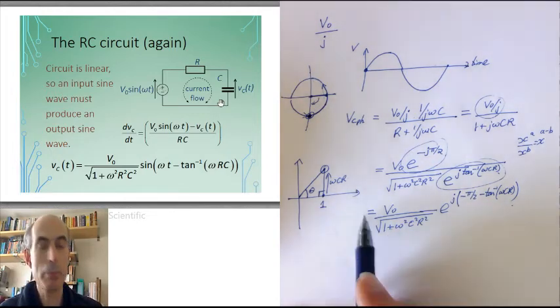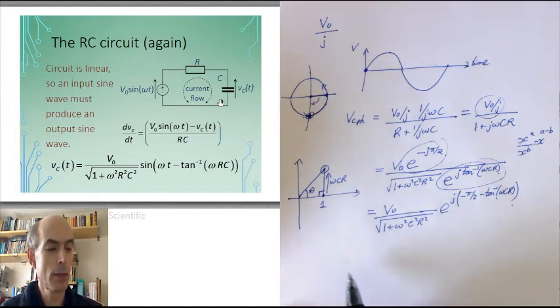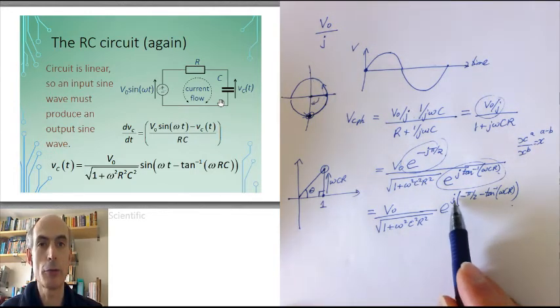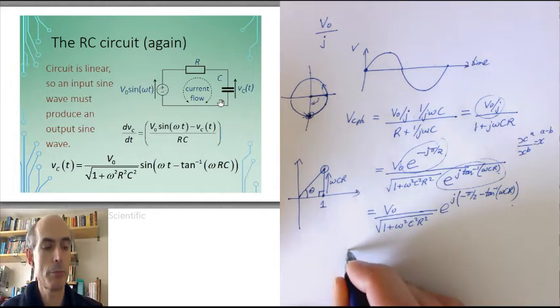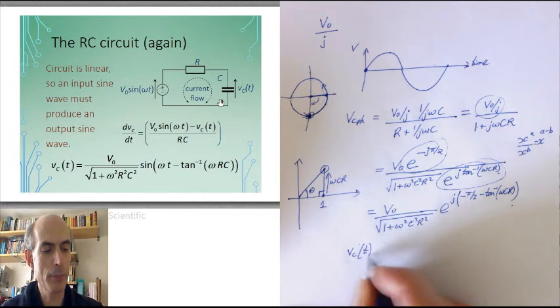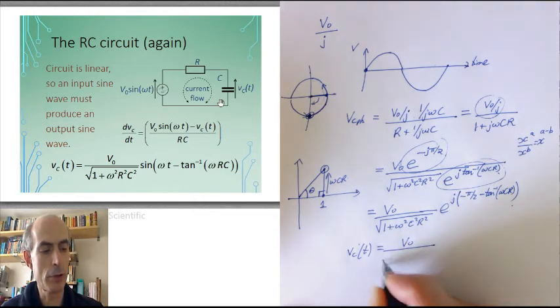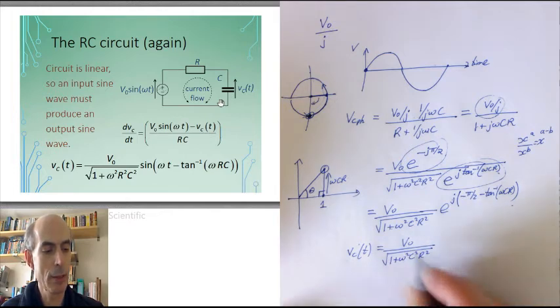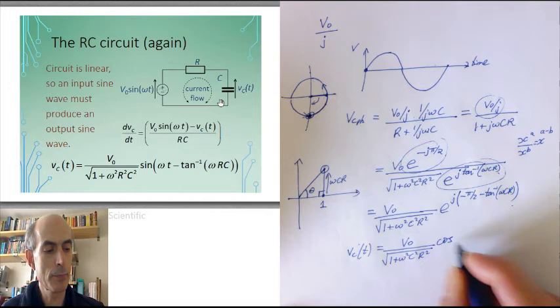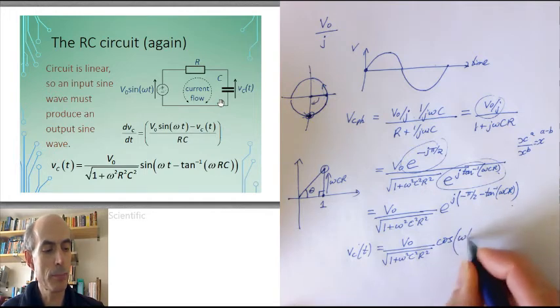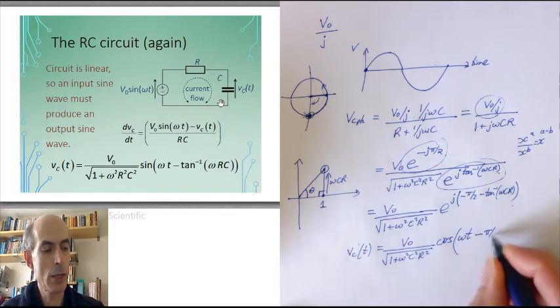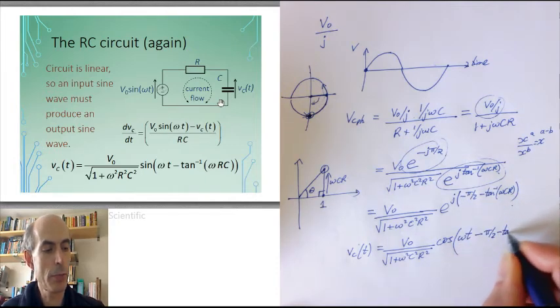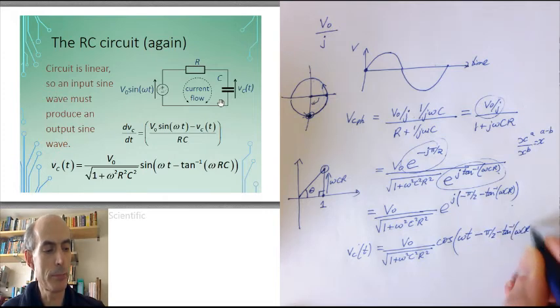So I can convert that back into the real time domain waveform by multiplying by e to the power of j omega t and taking the real part. That would give me the voltage across the capacitor is V0 over the square root of 1 plus omega squared C squared R squared times cosine of omega t minus pi over 2 minus tan to the power of minus 1 omega CR.